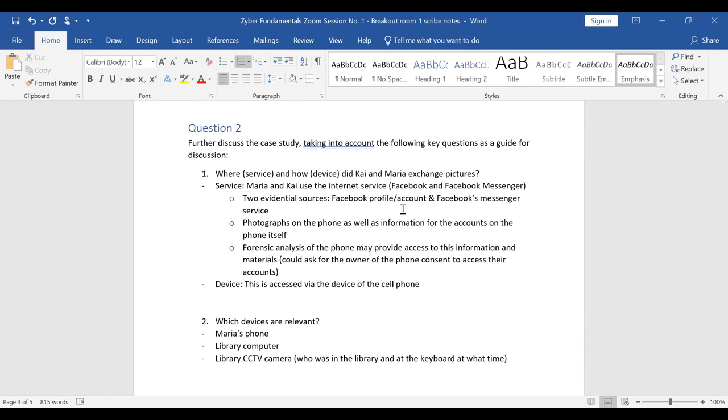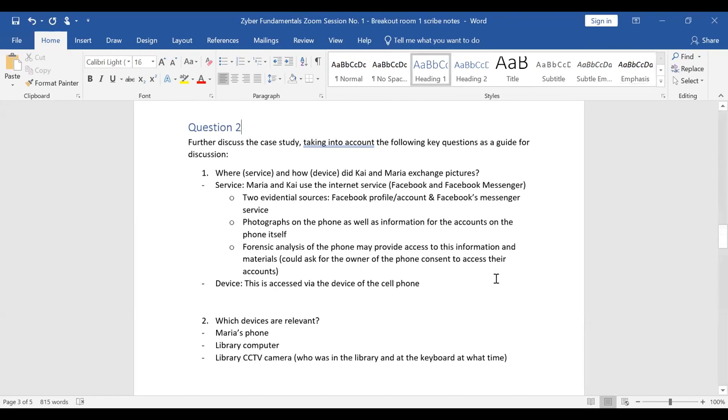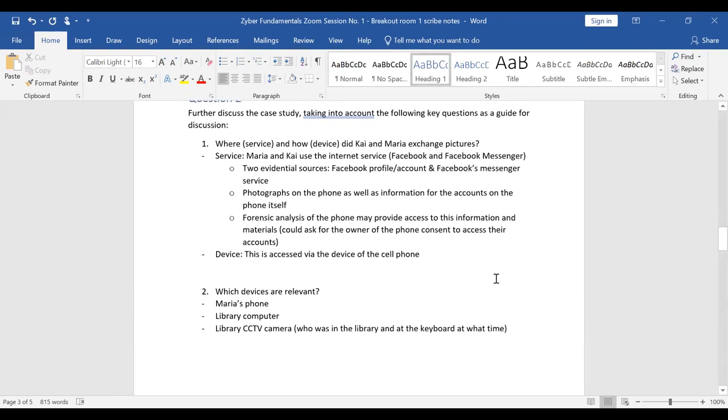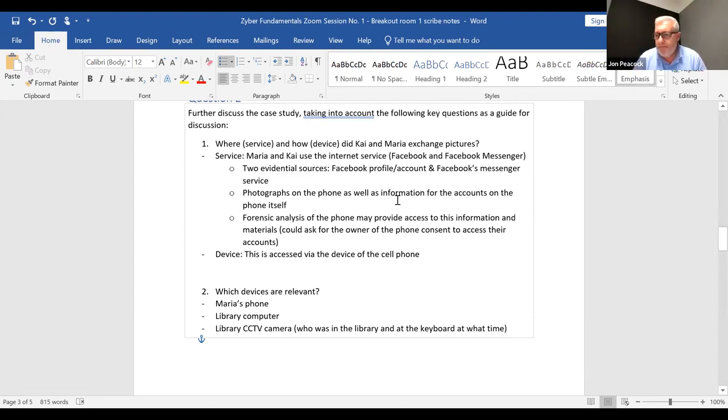So there are 2 evidence sources that we have to look at: the Facebook profile account and also the Facebook Messenger service, to get that evidence of the time and date when they exchanged the messages on Facebook Messenger. So we think about the photograph on the phone as well as information about the account on the phone itself, and also the forensic analysis of the phone may provide access to some information.